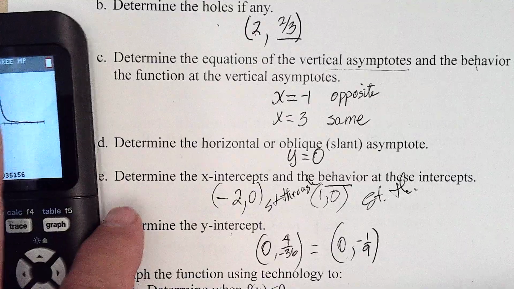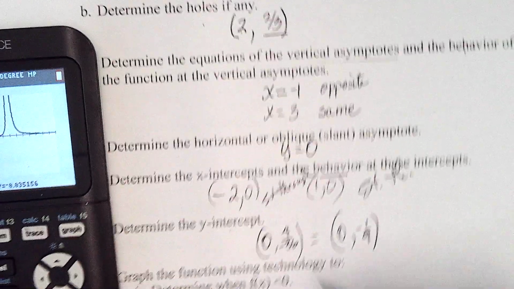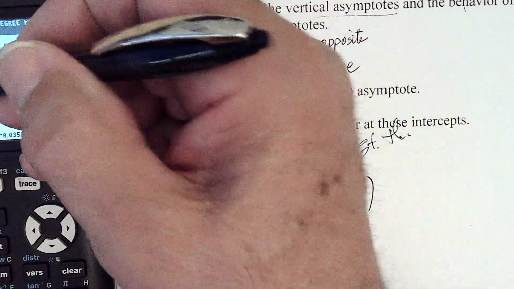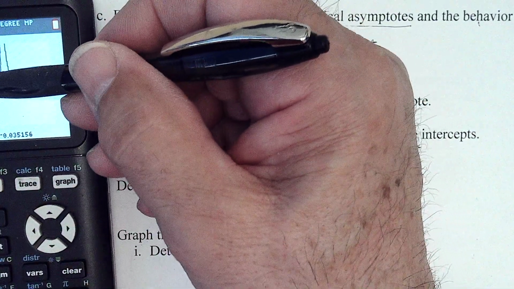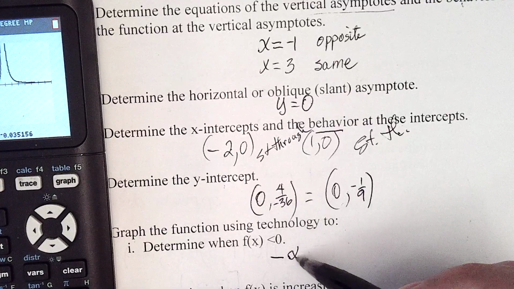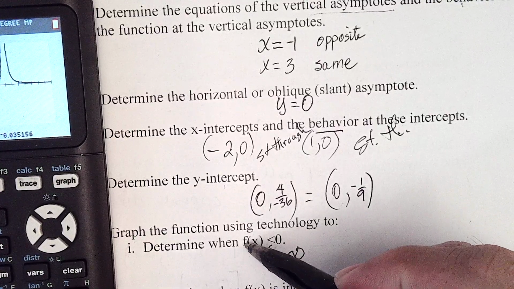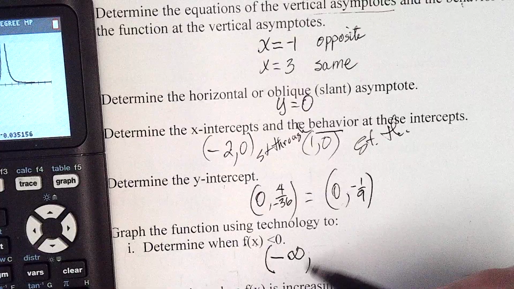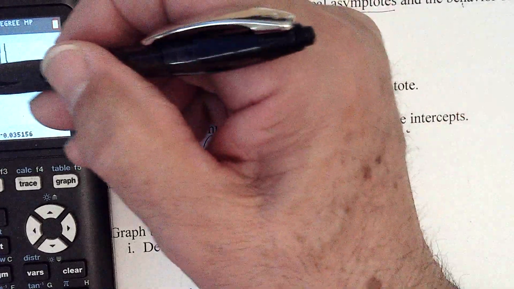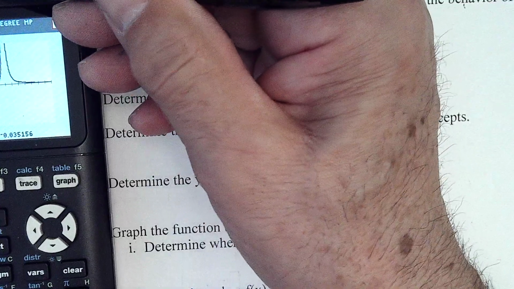So, when is it less than 0? Well, the whole function is less than 0 until it crosses, which is at -2. So it's from -infinity. The y-coordinates are less than 0, clear up till -2. Then it crosses, it's 0, and then it goes up.